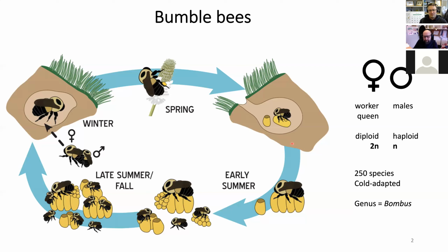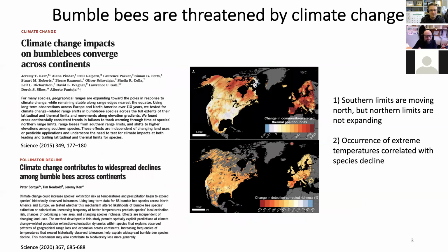important thing is that they're an important pollinator species, and so there's been a lot of public interest in bumblebees as the result of different studies that have shown that pollinators are threatened.